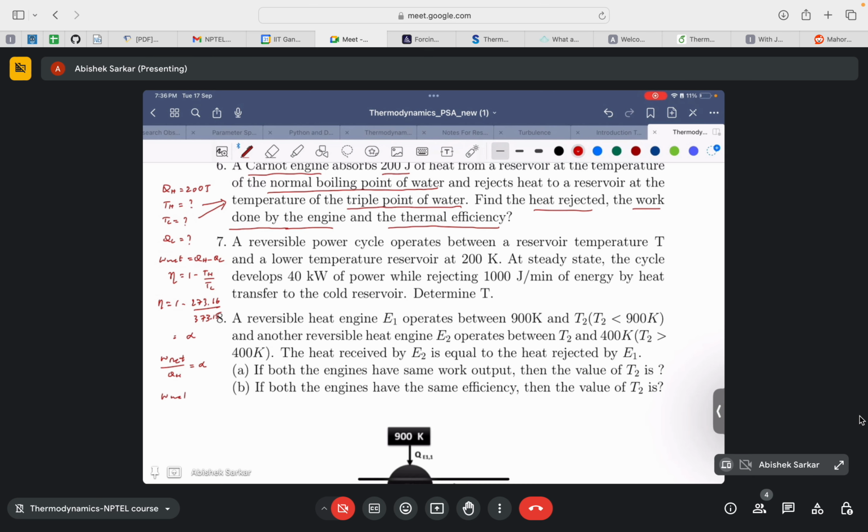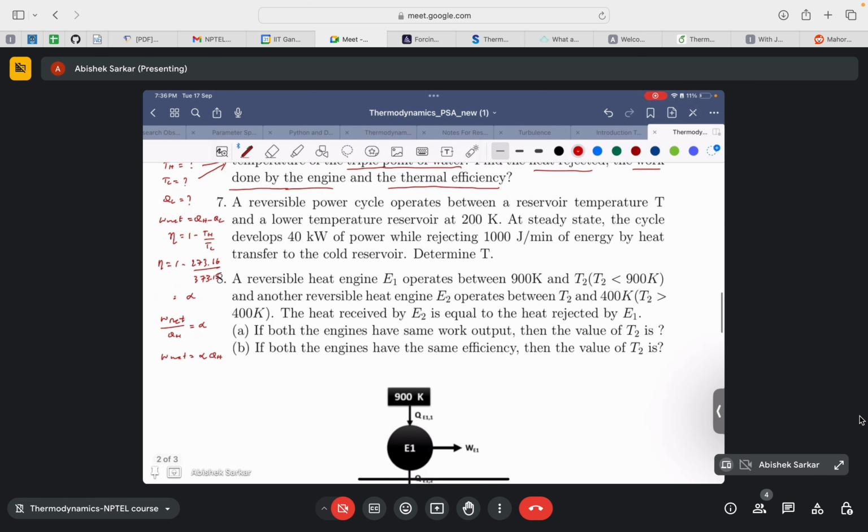W net would be alpha into QH. Now you know W net is QH minus QL, so QL would be QH minus W net, or QH minus alpha QH. I'm not writing the values because you need to find them, so I'm just writing in terms of variables. This is the way you need to find it.